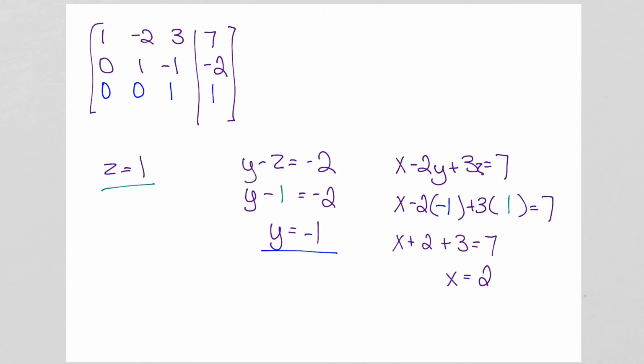Okay. So the solution finally to our system is, in parentheses, because it's a point, a three-dimensional point, 2 for x, negative 1 for y, and 1 for z.